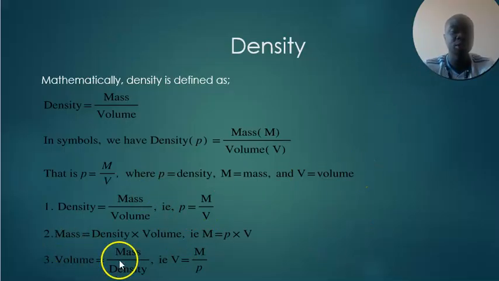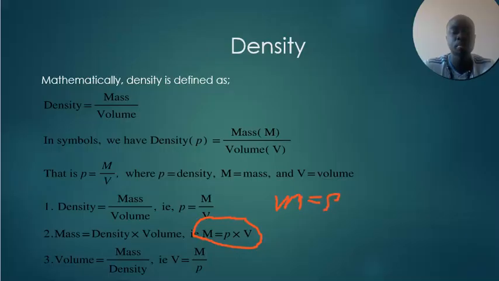Now, the third one too, you can make change of subject from here. So if m is equal to rho times v, and you want to make volume the subject, then you can also make change of subject. So seeing this, our m, which is our mass, the density times the volume, is equal to our rho times our volume.